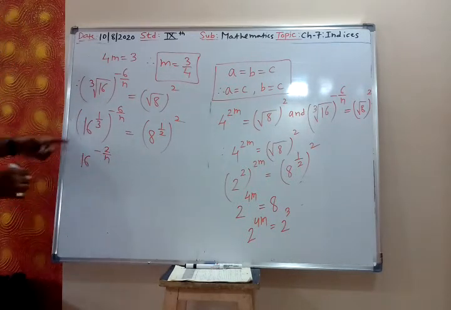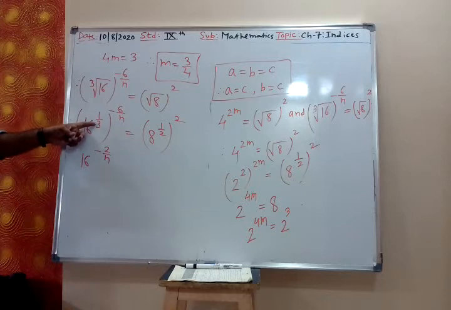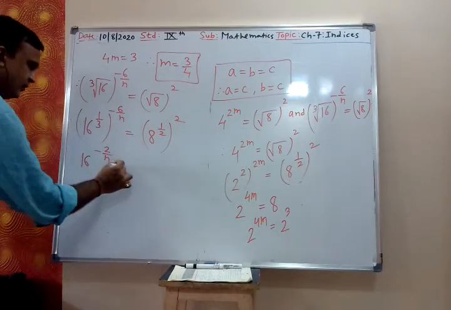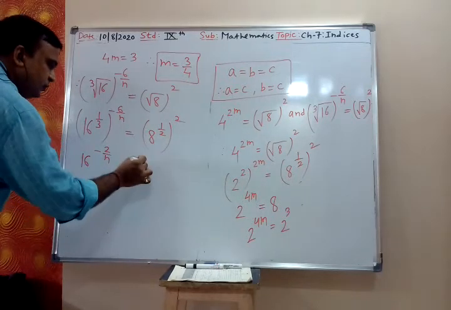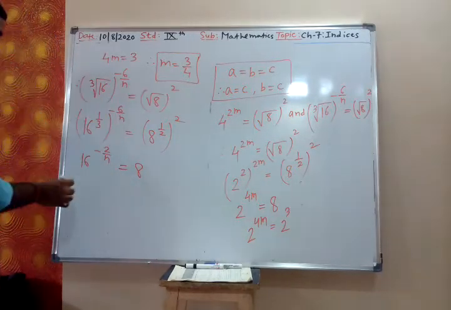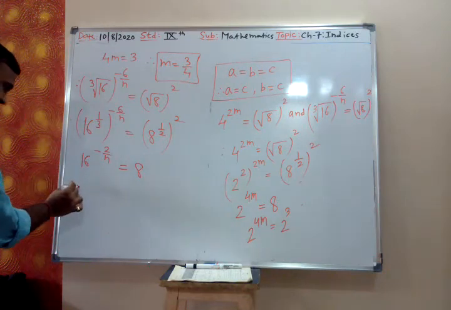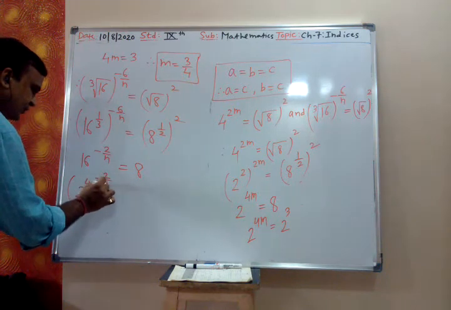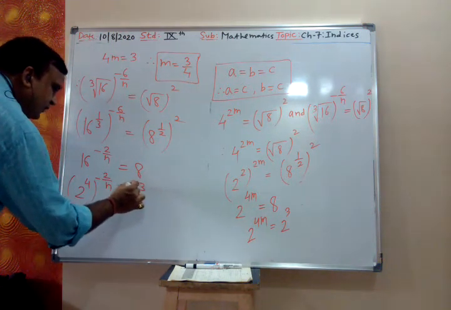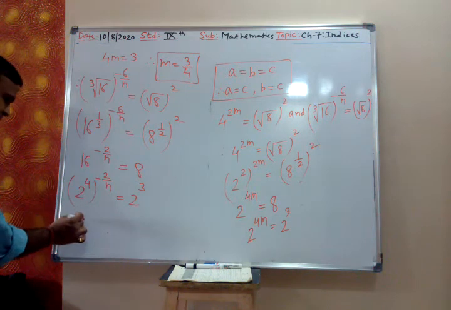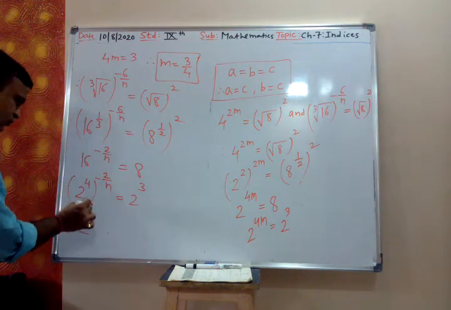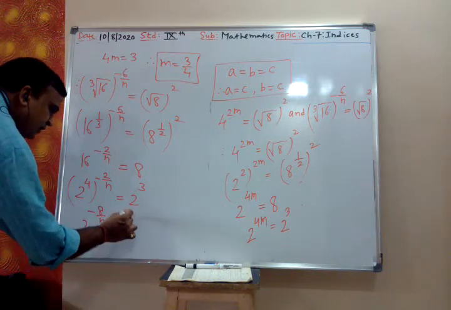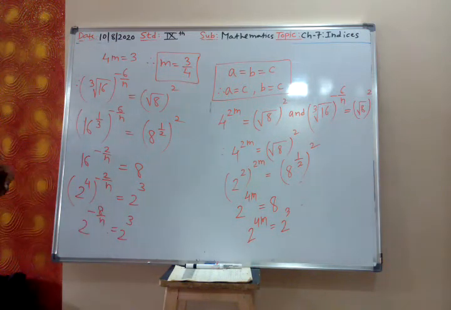You have to multiply the power. 1 by 3 into minus 6 by n, 3 2s are 6, minus 2 by n is equal to 8 raised to half into 2, which will be 1, 8. So 16 I can write 2 raised to 4 raised to minus 2 by n is equal to 8, which I can write 2 raised to 3. So power raised to power, multiply the power. So 2 raised to 4 into minus 2 by n is minus 8 by n is equal to 2 raised to 3.